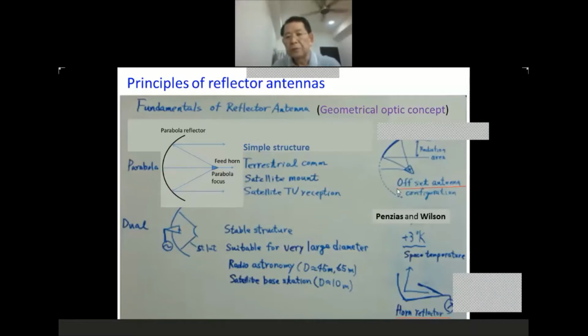This is called an offset antenna. This is an asymmetrical structure, called an offset structure. This configuration is more suitable to set up in your home, so for satellite TV reception, this offset type is used.